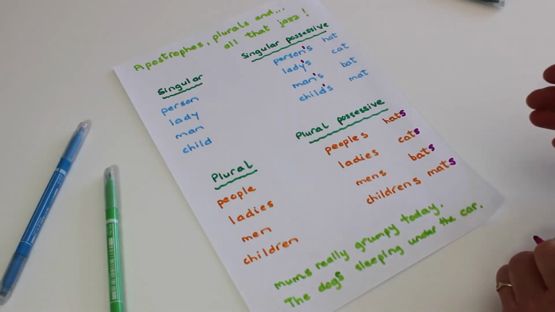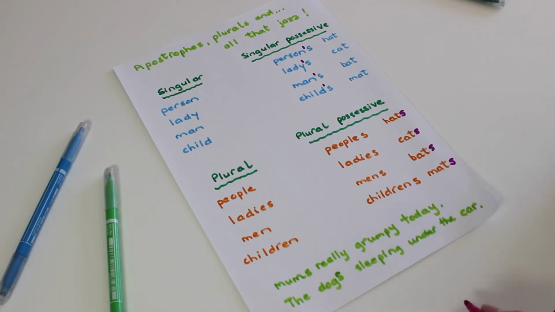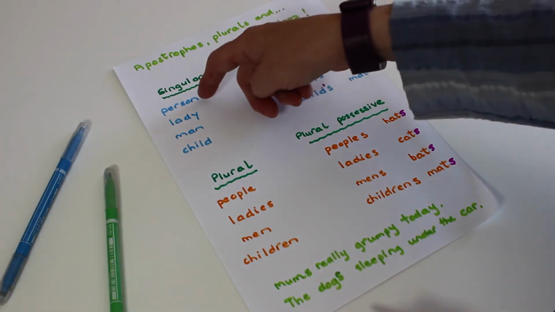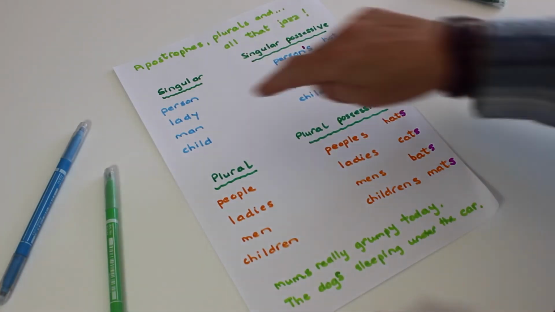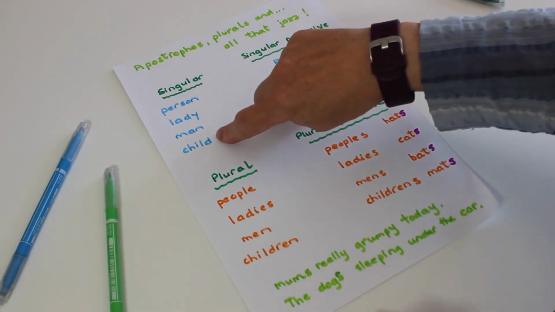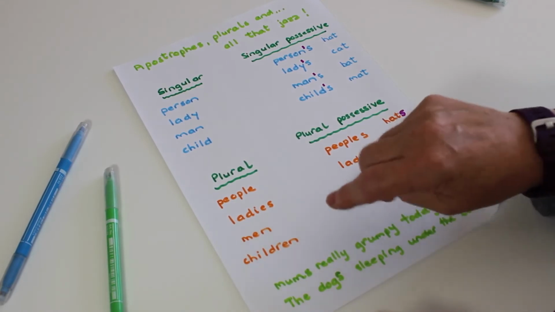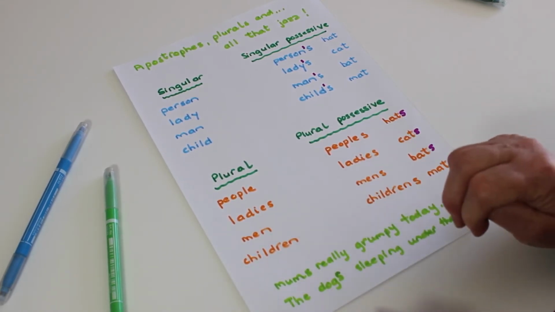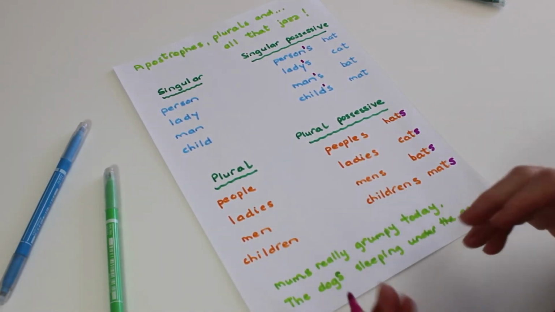Those are regular nouns that just form the plural by adding an S. However, just to be tricky, some plurals don't work like that. So for example, we've got person becomes people in the plural, lady becomes ladies, man becomes men, and child becomes children. And those are sometimes the ones that catch people out when it comes to making them possessive.